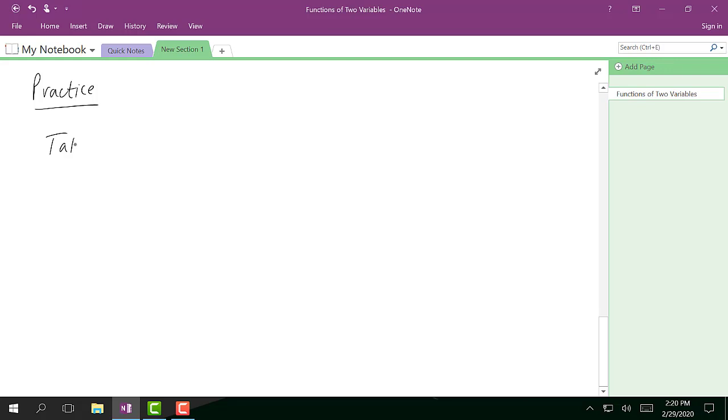Take the function z equals, let's see what I could do here, the square root of x squared plus y squared plus 10, I believe.